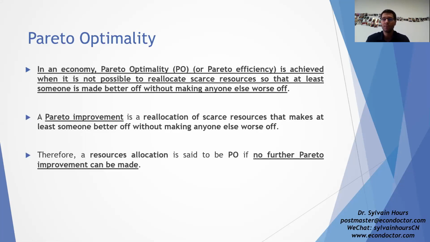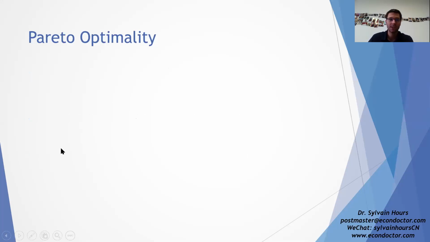If there is a Pareto improvement that you can do, then it means that your current allocation of the resources is not Pareto optimal. That's it. So your students need to know the definition, and they need to know that. That's important. There are MCQs that specifically test this property of Pareto optimality.